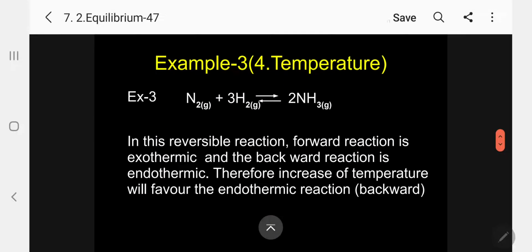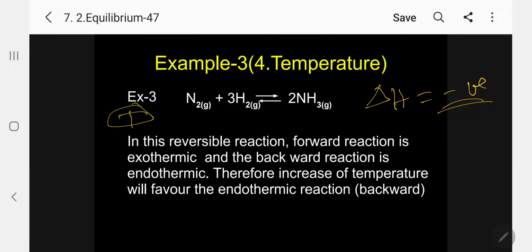Then temperature, effect of temperature. Third example. I know already that delta H is exothermic. Heat of formation will be exothermic. In this reversible reaction, forward reaction is exothermic, negative, and the backward reaction is endothermic.